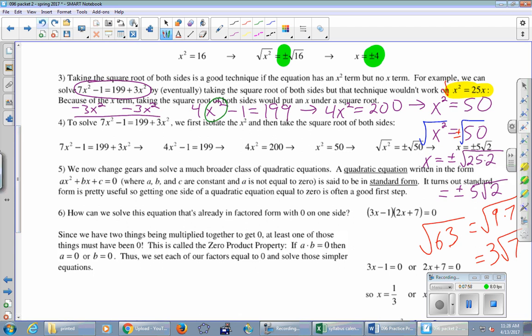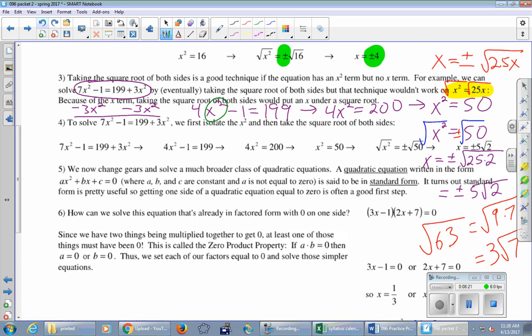Don't forget the plus or minus. You get x equals plus or minus on the right-hand side, square root of 25x. Yeah, you could pull the 5 outside, but that's not the problem. The problem is there's an x inside of that square root. So you haven't solved. I know x is by itself, x equals, but we need x equals a number, not x equals something else with x's in it.